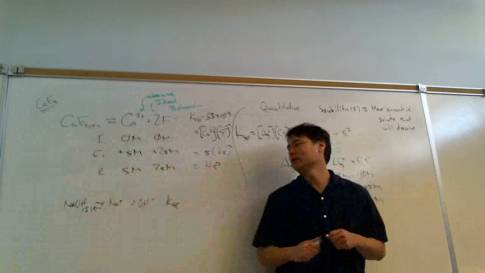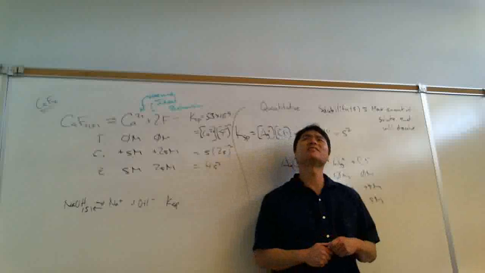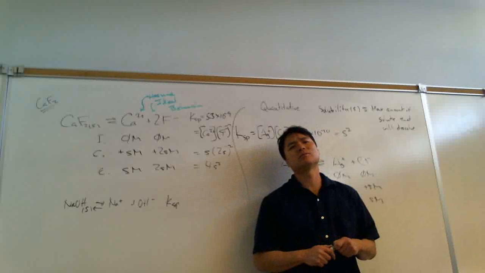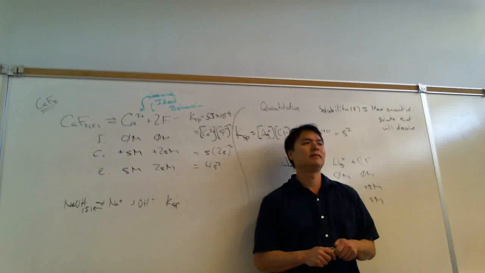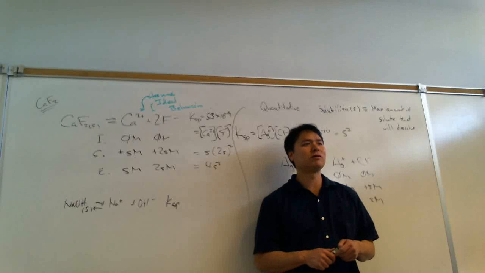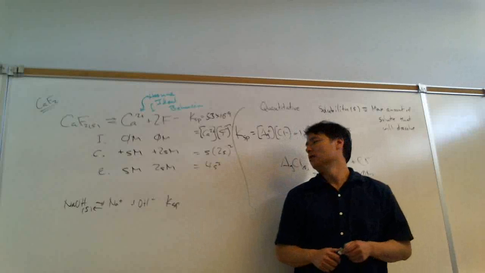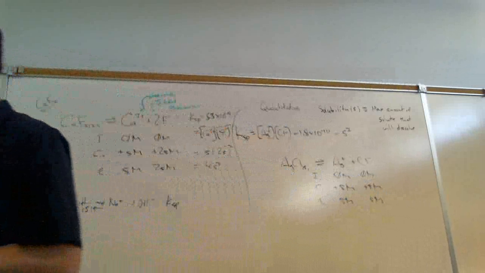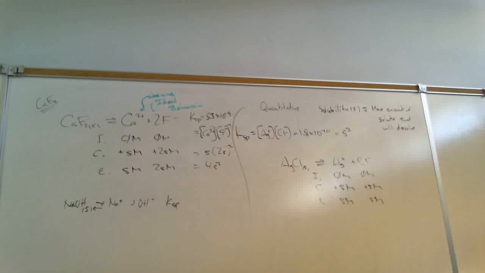One of the reasons we're ignoring the soluble salts is because they behave so far from ideal that the calculation we get is so far off, we might as well not even bother. The calculations are just too far off. They're going to be too grossly in error because they deviate so far. The concentrations are so high, right?